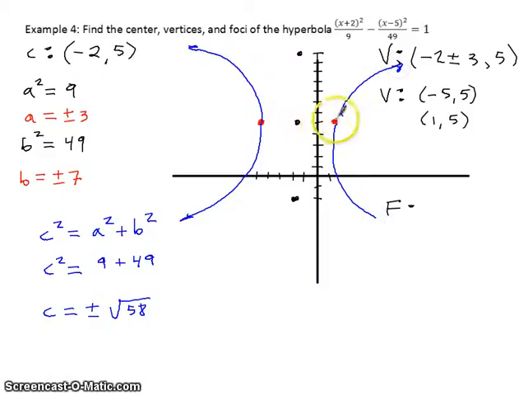I know that because these are my vertices here, and remember that the focus points are along the transverse axis, which is right here. I need to figure out where those focus points are. What is the location of those particular coordinate points right there? I need to add and subtract once again onto my x value. So I take the add and subtract onto the x value of my vertex. So I take the -2 and I add and subtract the square root of 58 to find those focus points. The y value stays the same.